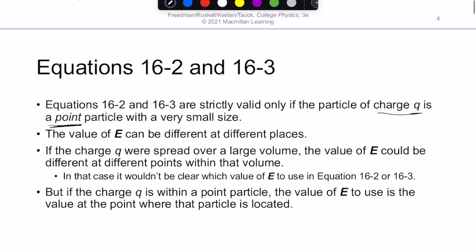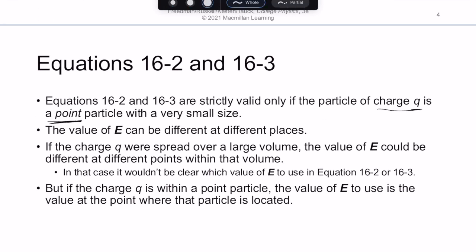So this is just a little caveat. These equations are only strictly valid, mathematically speaking, if the particle, little q, is a point charge, very small, because the electric field can be different in different places. Here's our big Q, responsible for creating the electric field.